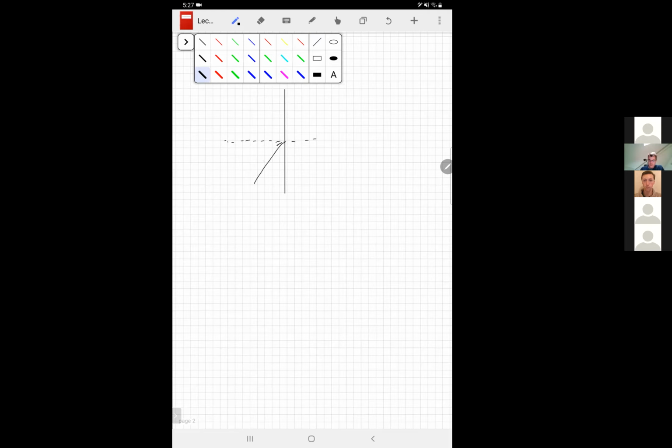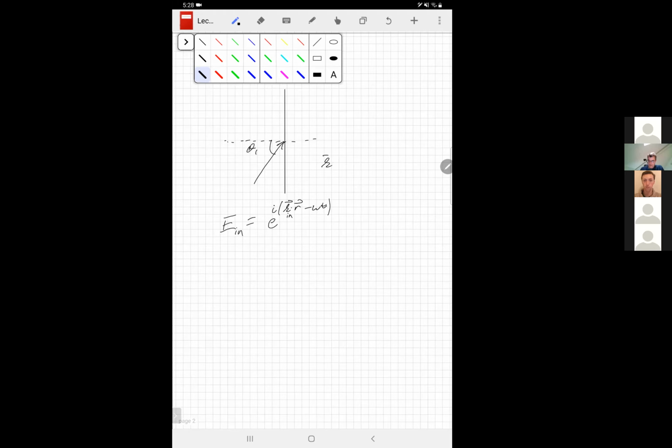So let's say we have a wave that's coming in at an angle θ1. And the incoming wave is e to the i times k_in dot r minus omega t. Well, let's see here.